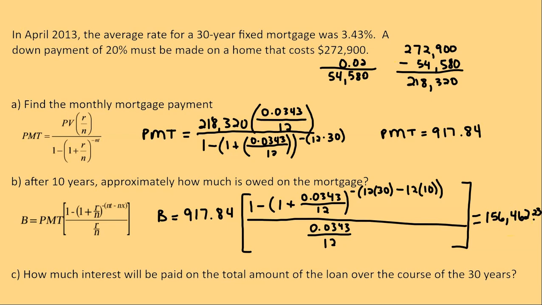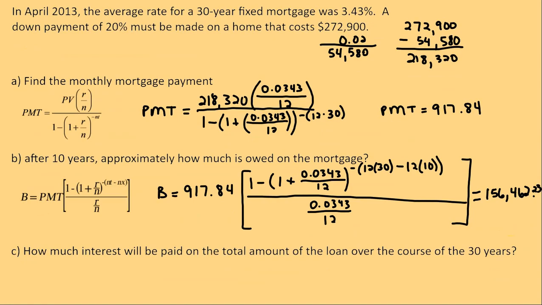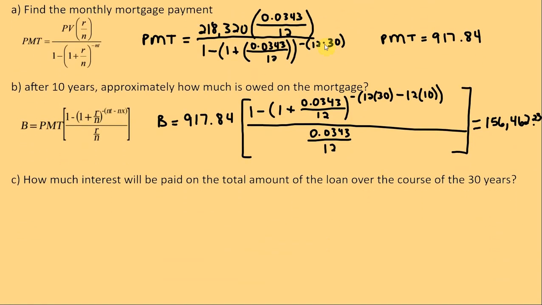Now the next question asks how much interest will be paid on the total amount of the loan over the course of 30 years. All we have to do to determine that is take the cost of the payments, $917.84, and multiply that times the number of payments. We know that we're paying 12 times a year for 30 years.